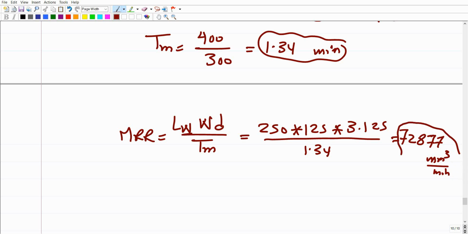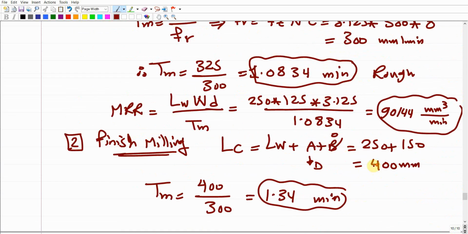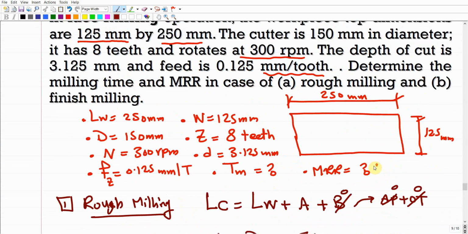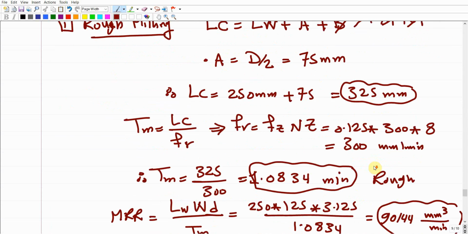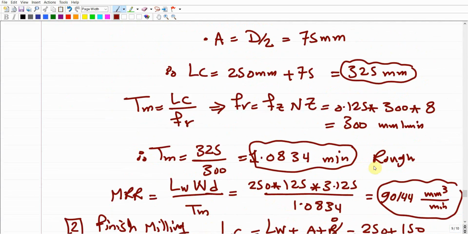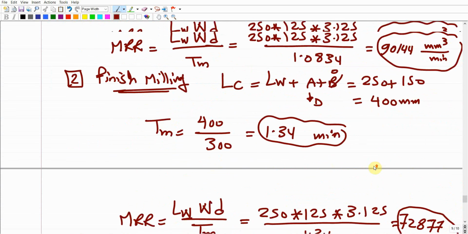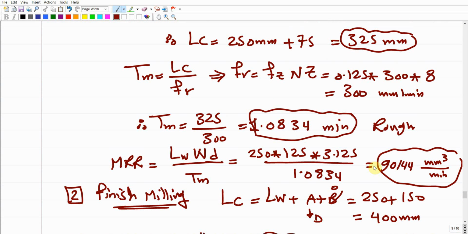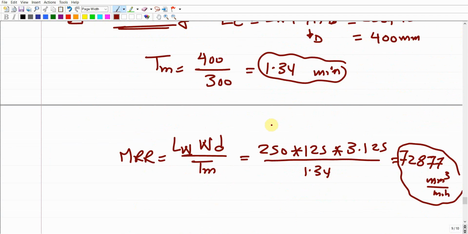Make sense? So this is the machining time and metal removal rate in case we are performing the finish milling or finishing operation. If we are performing rough milling, this is going to be the machining time and the metal removal rate. The question is, should we add the machining time of the rough to the machining time of the finish milling?